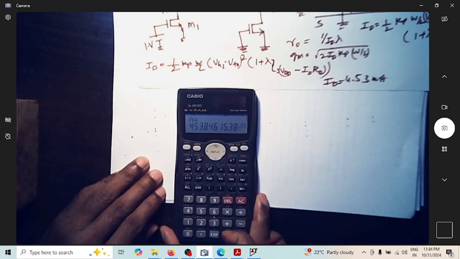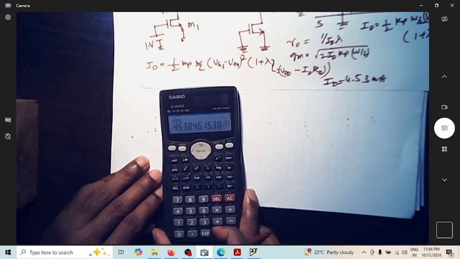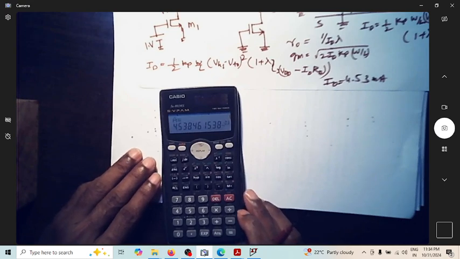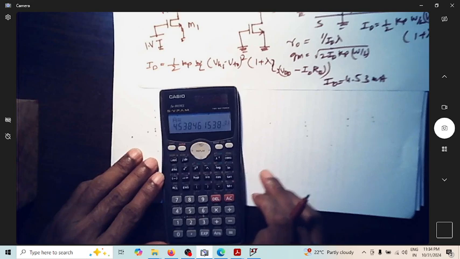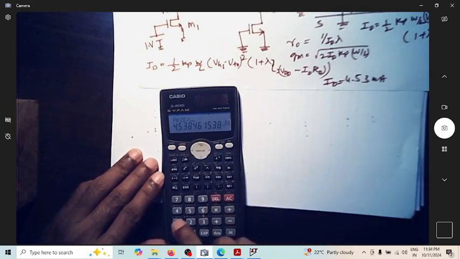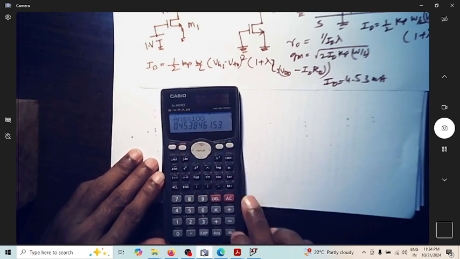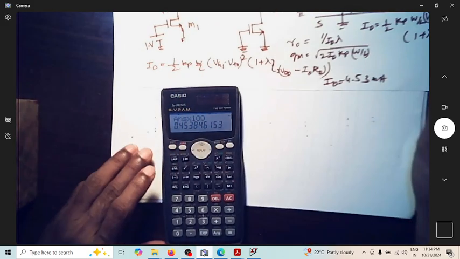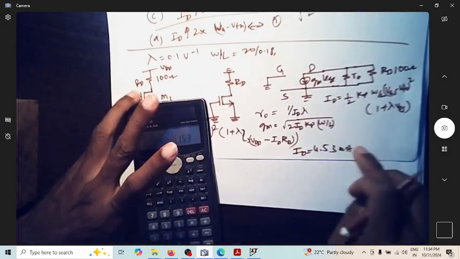So 4.53 milliamperes flows in this MOSFET, and into 100 ohm would be very little voltage. So it's actually 0.453 volts. Okay, it is in saturation. So this is the value of ID.